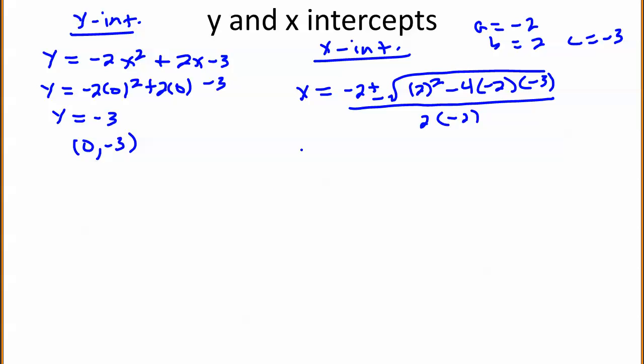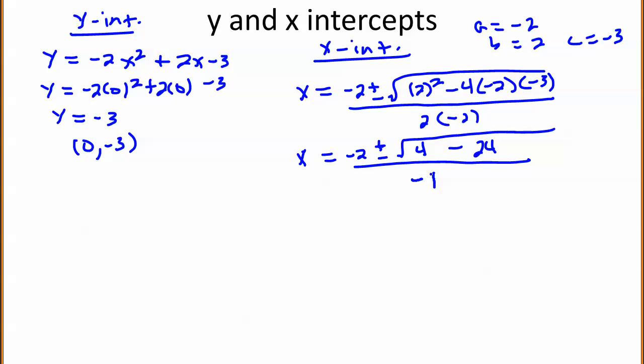And then calculate again. So 2 squared is 4. -4 times -2 is 8. 8 times -3 is -24. So 4 minus 24 all over -4. So 4 minus 24 is -20.